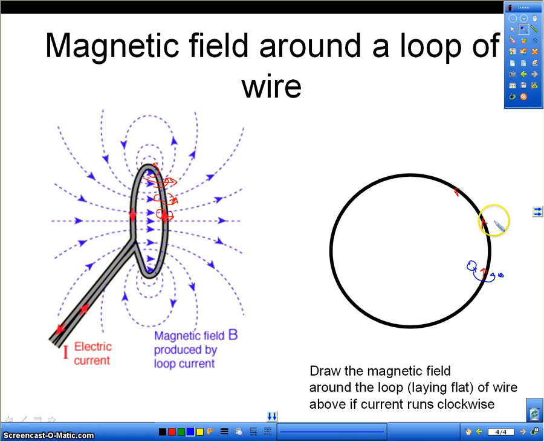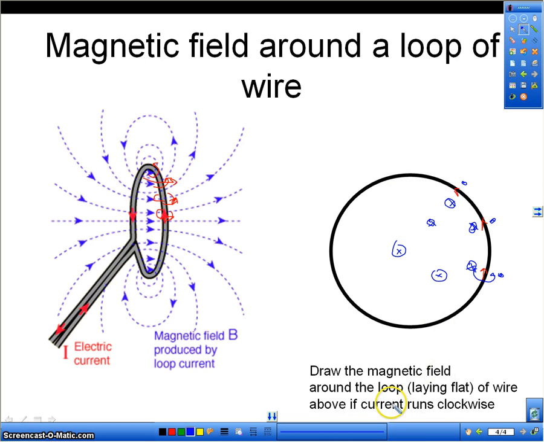So into the page on the outside and back out of the page on the inside. Those are supposed to be circles with X's in the middle of them. And then the same thing here, into the page on the outside and out of the page on the inside of the loop. Just like that. So I would actually have a magnetic field on the inside of that loop that would be coming out at me at all places. So I would be creating a magnetic field that's coming out all the places because this current is running in a counterclockwise direction.